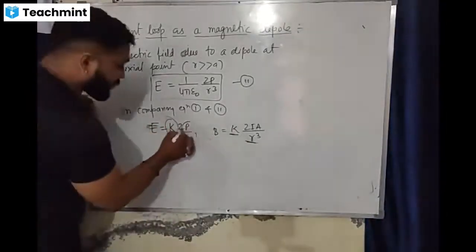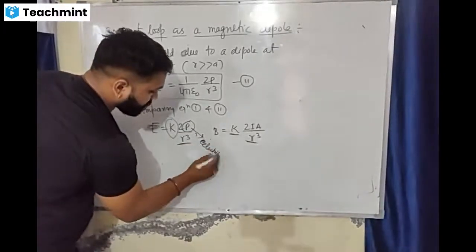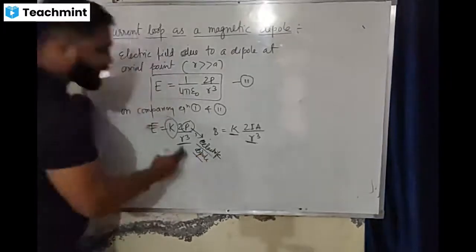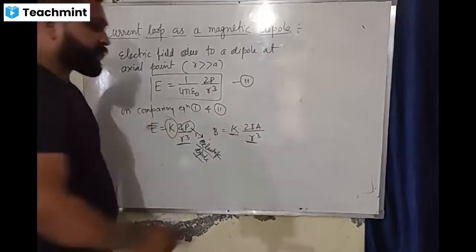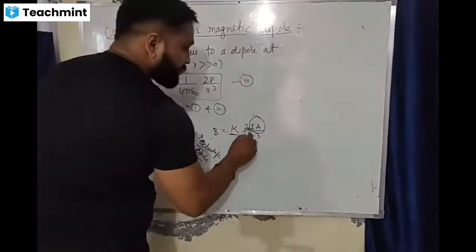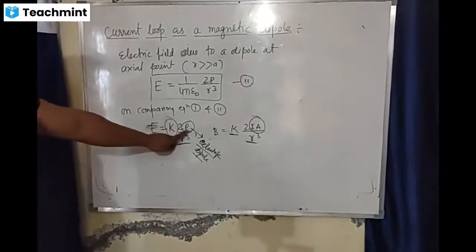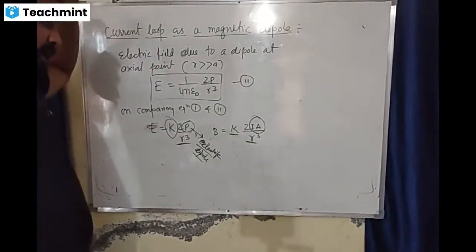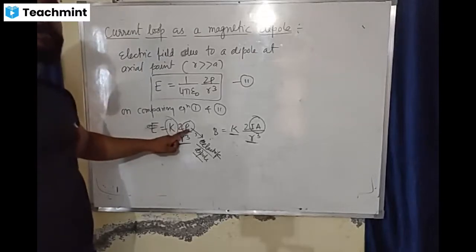But here the electric dipole P is given, and in the magnetic field, instead of this P, IA is given. Now what role is this P playing whenever we are discussing the electric field due to a dipole? This P is behaving as an electric dipole moment.